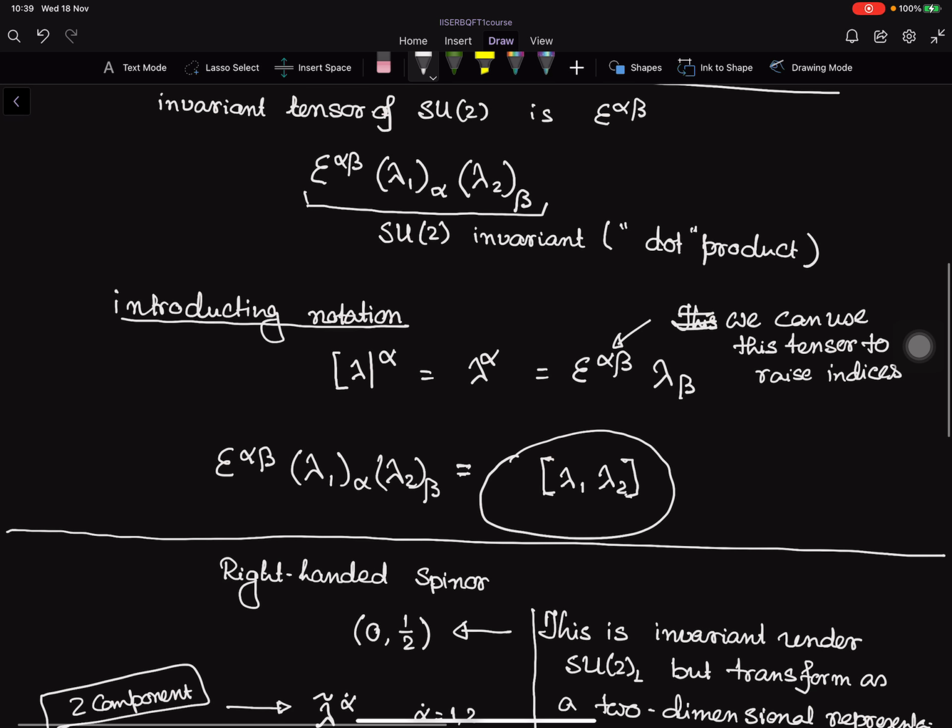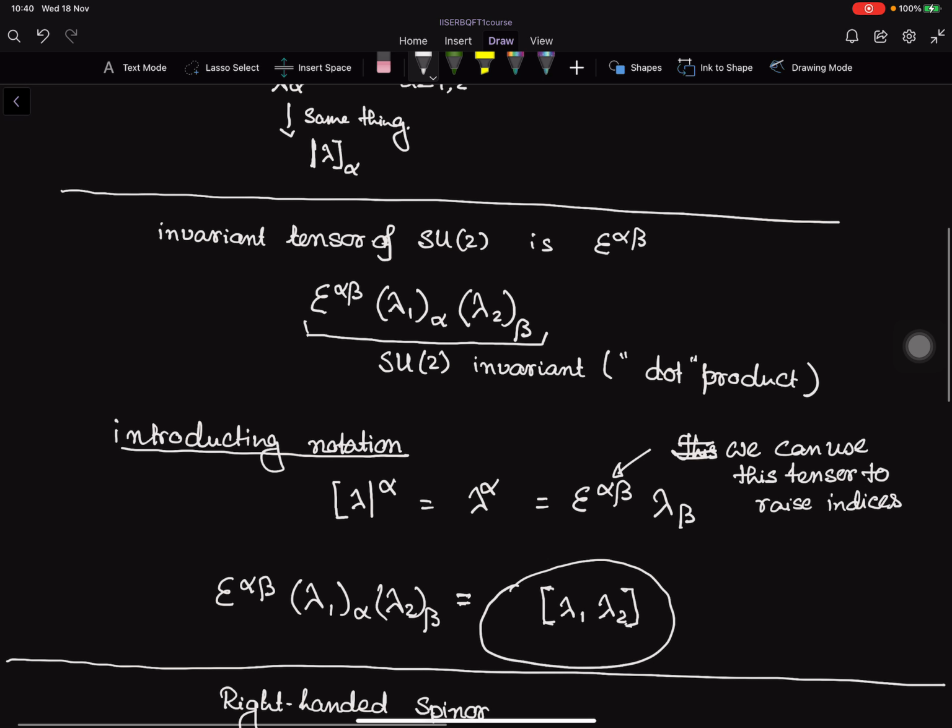So this concludes our very brief discussion of left-handed and right-handed spinors. What do we mean by left-handed spinor and what do we mean by right-handed spinor?